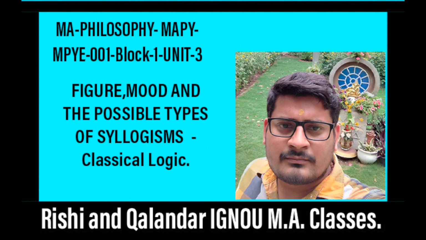Since Aristotle argued that the first figure is the perfect figure, he felt the need to transmute all valid arguments in the second and third figures to the first figure, so that if the transmuted mood is valid in one figure, then the corresponding mood in any figure other than the first is also valid.